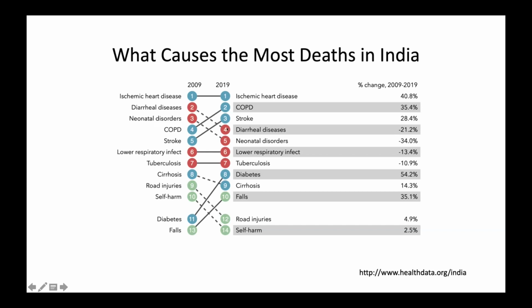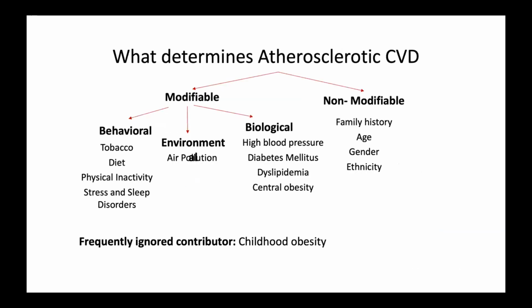I would like to highlight two figures. The number of strokes is going up, which is part of cardiovascular disease. And mortality caused by diabetes is also going up. So these are the three important groups of diseases where diet is also very important.